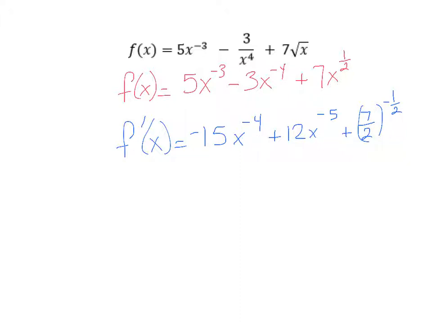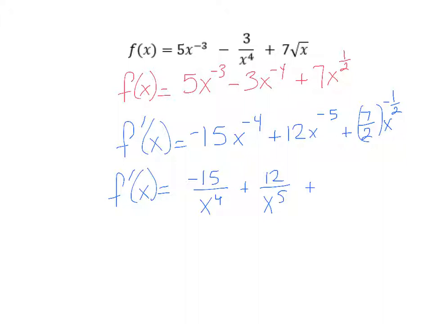All right, now we rarely leave negative exponents in our answers. So we're going to come back, and everything that has that negative exponent, we're going to shift it to the denominator. This first term is going to look like -15 over x to the 4th plus 12 over x to the 5th, and then this whole, oh, you know what, did you catch that I missed my 7/2? It's x to the -1/2.